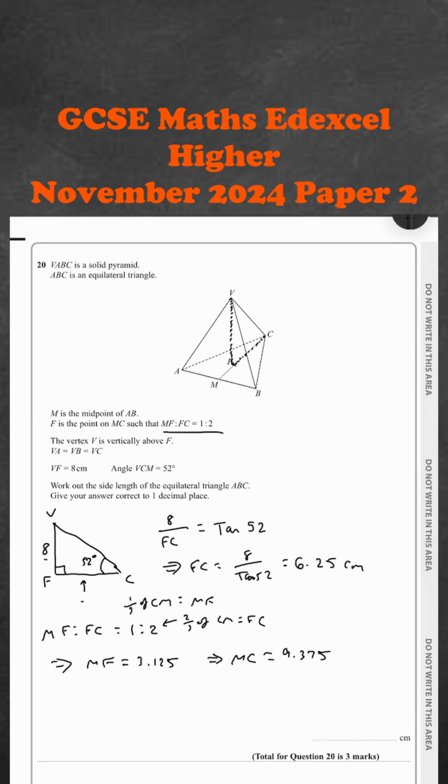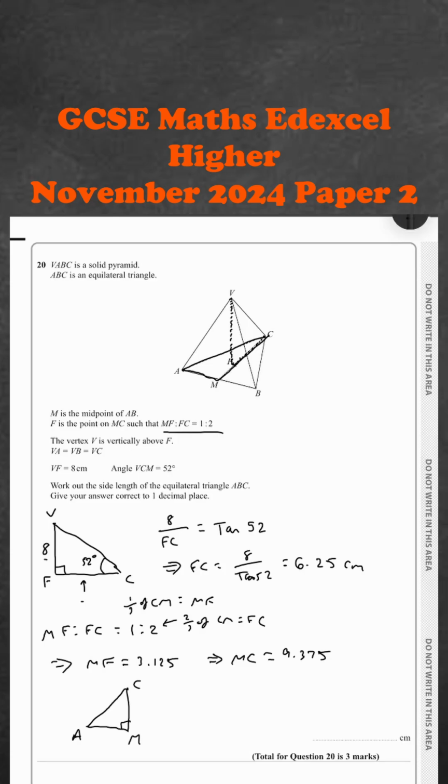Almost there. Now we will look at trying to actually work out what the question wants us to do, which is to find one of the side lengths. So if we look at this triangle, which I will draw down here, which is going to be ACM. It's another right-angled triangle.